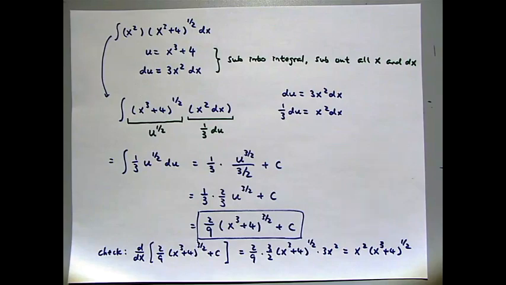Like I said earlier, and as you can see, if you make the right choice of what u should be, what you have to do usually is not terribly difficult.